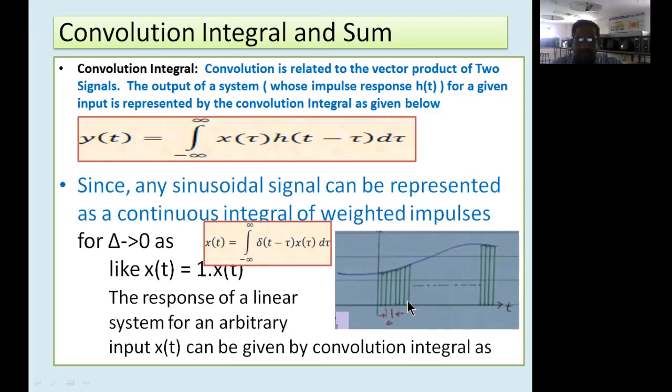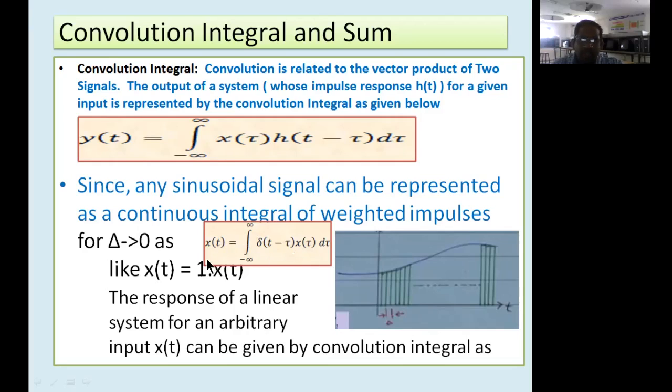So when you apply the unit impulse at t equal to tau, that means at delta of t minus tau, we get the value of the signal at that particular instant of time, x of tau. So if you remove the integration part, x of tau can be written as delta of t minus tau into x of tau.